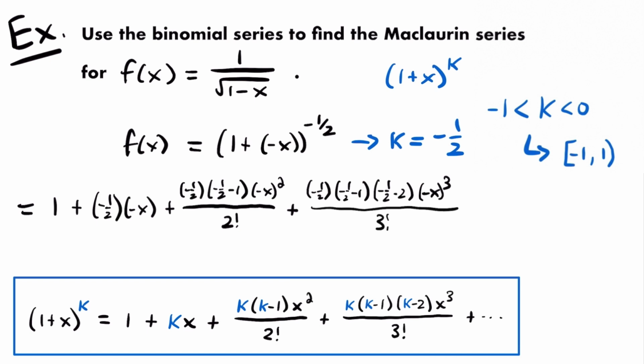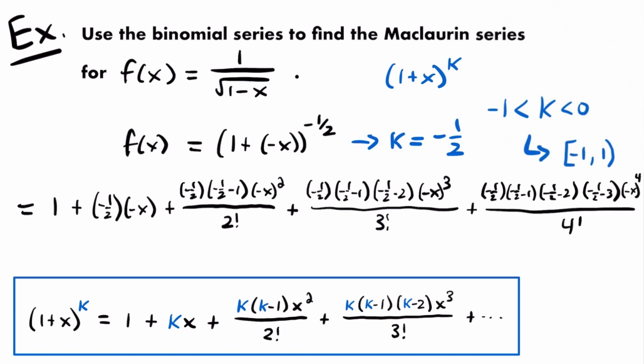Now I'm going to do one more term, so we'll add this to -1/2 times -1/2 minus 1 times -1/2 minus 2 times -1/2 minus 3, and then we're going to have -x to the power of 4, all divided by 4 factorial.